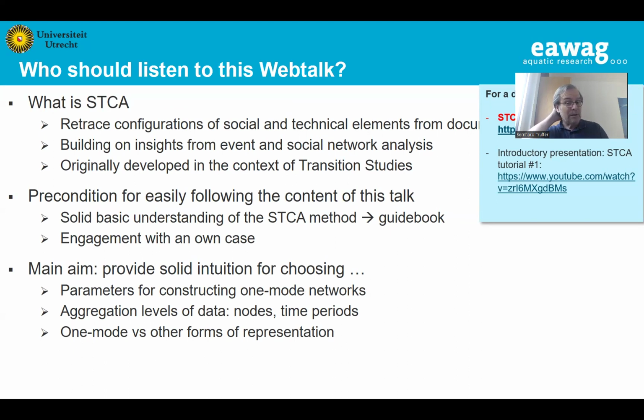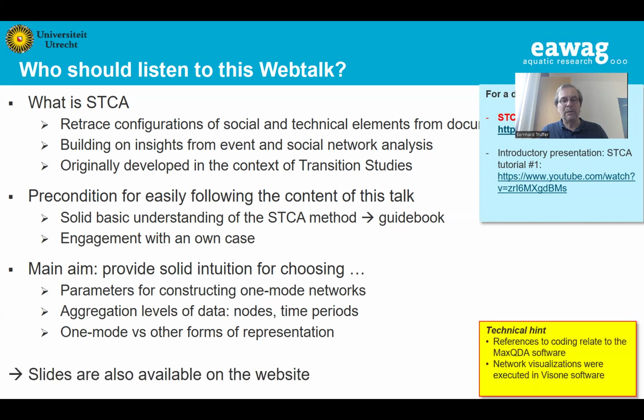So the main aim of this presentation is to provide you a solid intuition for choosing the parameters for constructing one-mode networks, and the considerations about how to aggregate, how far to aggregate, or how fine-grained to treat nodes or codes, time periods, etc. And also what the advantages are of one-mode representation versus other forms of representation.